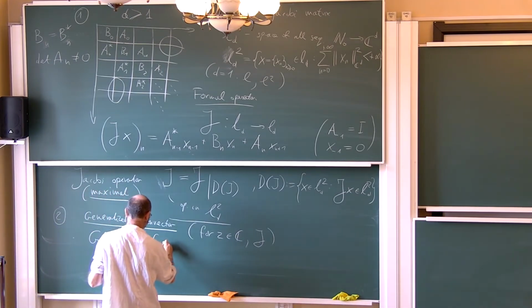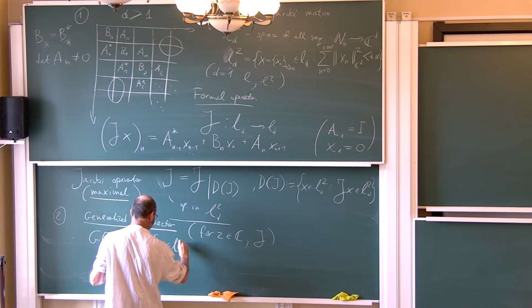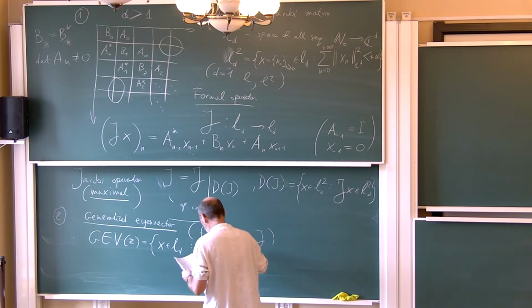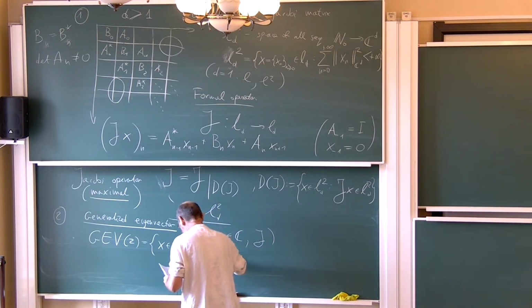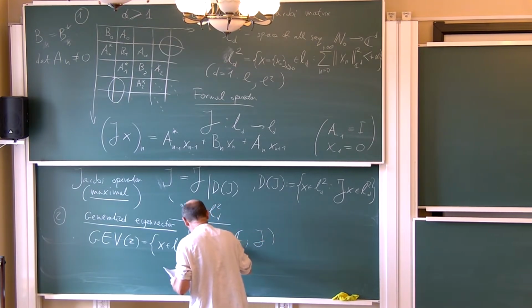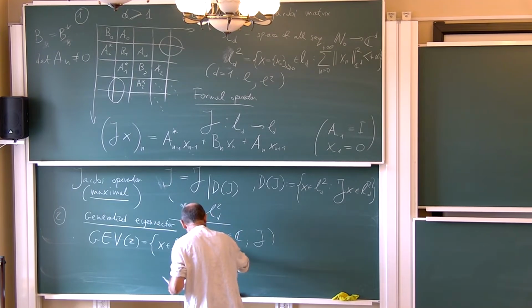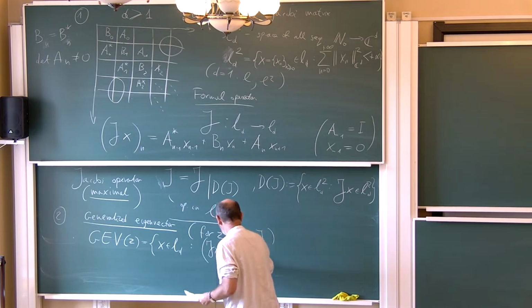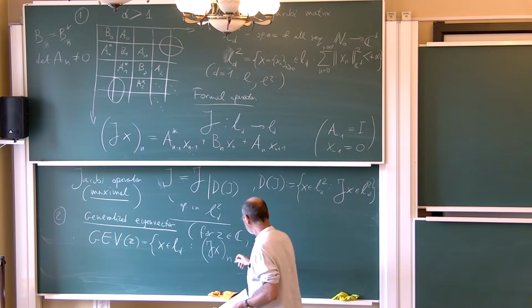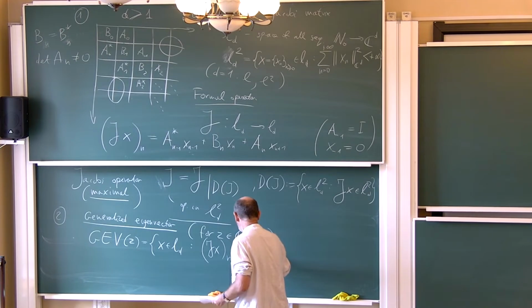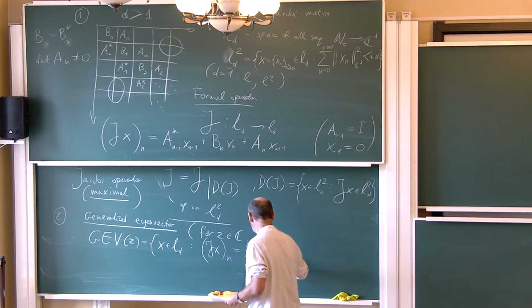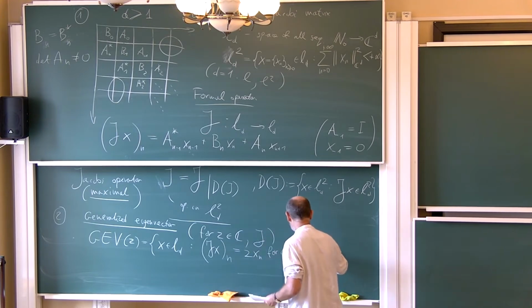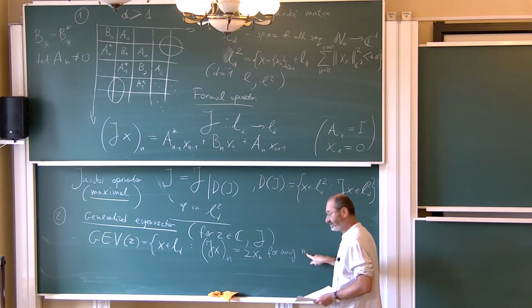This is the set of all such x in LD that the formal operator J applied to x, the term number n, is equal to z x_n for n, but except 0.